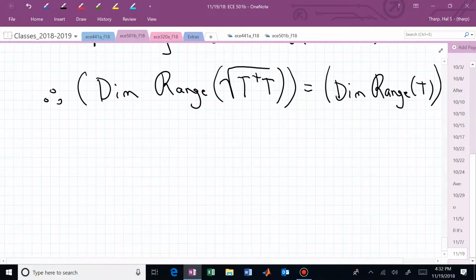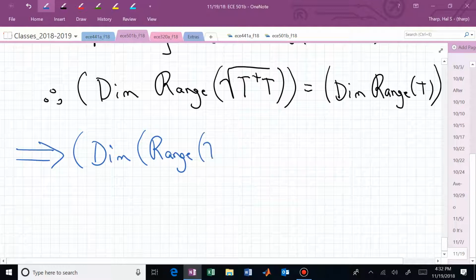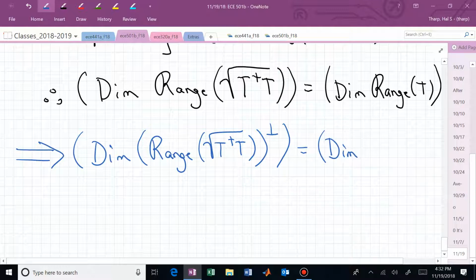We can now say, therefore, or imply, that the dimension of the orthogonal complement of the range of the positive square root of T dagger T is equal to the dimension of the orthogonal complement of the range of T. Boy, I have to be careful now.